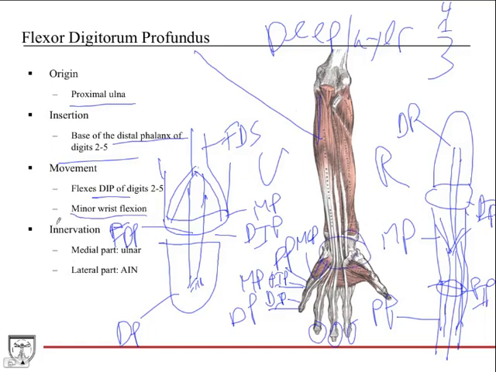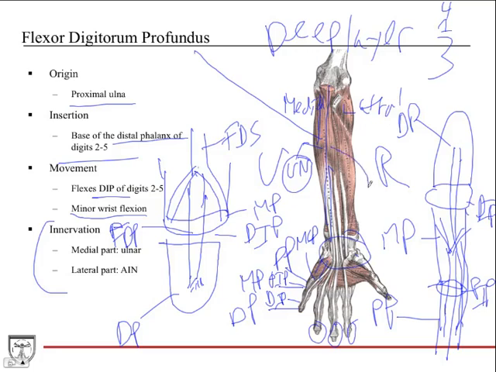Now, the innervation, this is important to know, okay? So you have a medial part, which would be your ulnar side, so this is medial, okay? And then you have your lateral or radial part, okay? So if we split this muscle right down the middle here like this, this part is ulnar nerve, which makes sense because you're on the ulnar side.